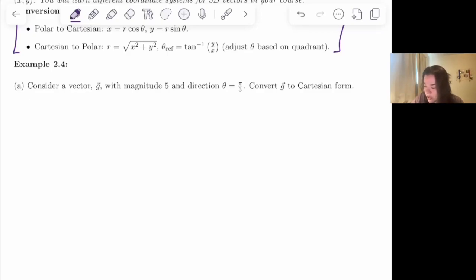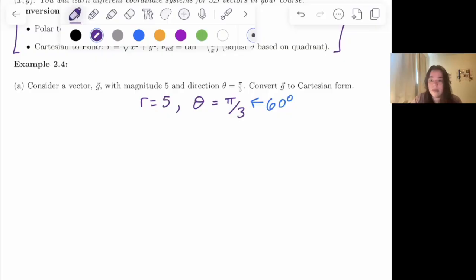So this magnitude is our r in polar form, and the direction, the theta, in polar form. Now, remind yourself, if you have a hard time thinking in terms of radians, pi over 3 is 60 degrees. So if that just helps you visualize better, pi over 3 is 60 degrees.